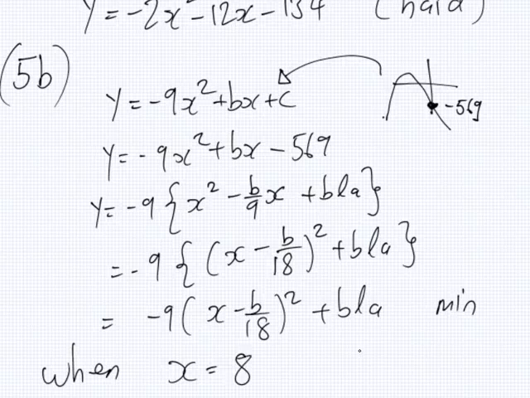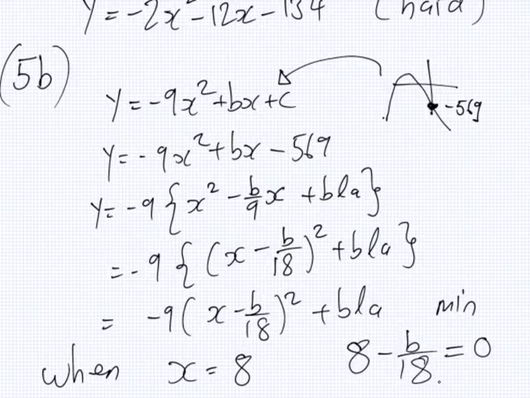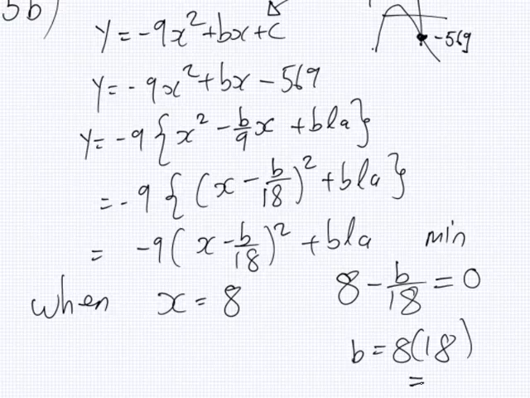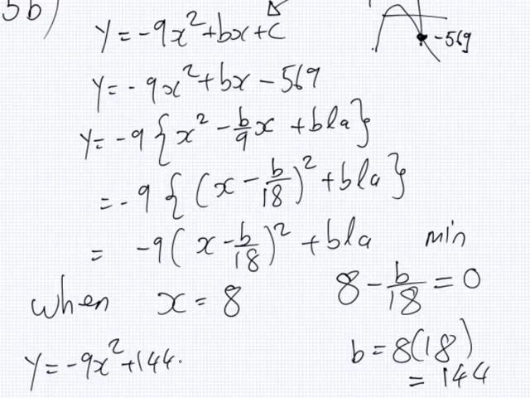So that means 8 minus b over 18 should equal 0. So b should equal 8 multiply 18. What's that? 144. So we get y equals minus 9x squared plus 144x minus 569. Hard? Or maybe now it's easy.